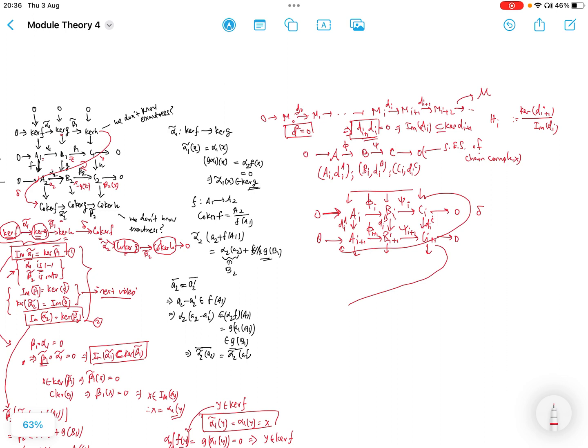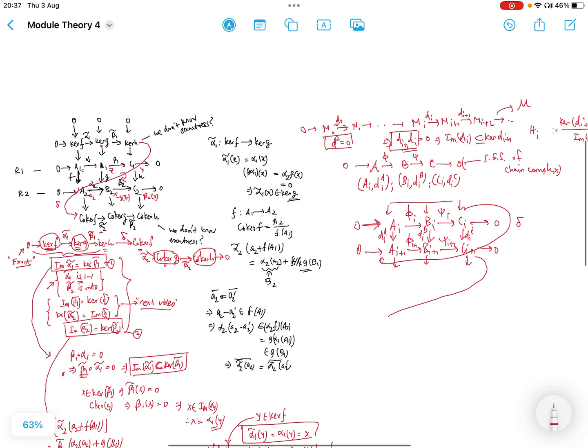Similarly, if you dualize, meaning you take the Hom functor, then you get the cohomology. That is exactly the same, but the arrows will go in the opposite direction, because the Hom functor is a contravariant functor. I'll come to those things later. I'm just saying why we use this snake lemma.